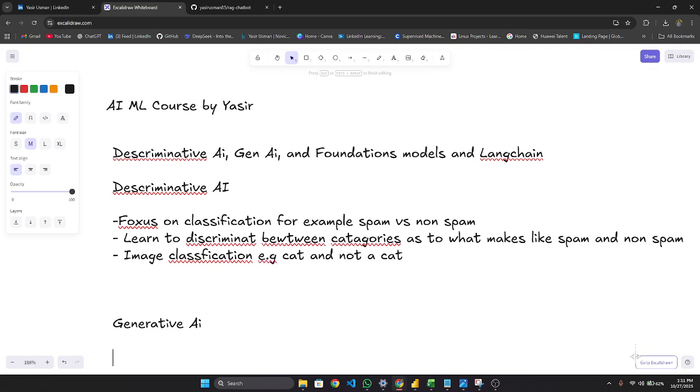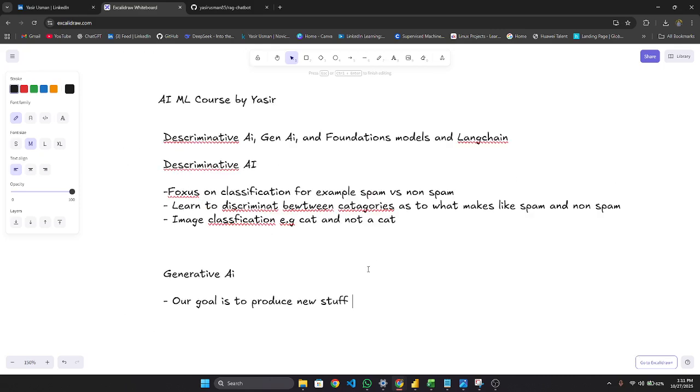And for generative AI, it's pretty obvious that our goal is to produce new stuff, to be able to create text, image, music, maybe videos, and these could also be referred to as modality.